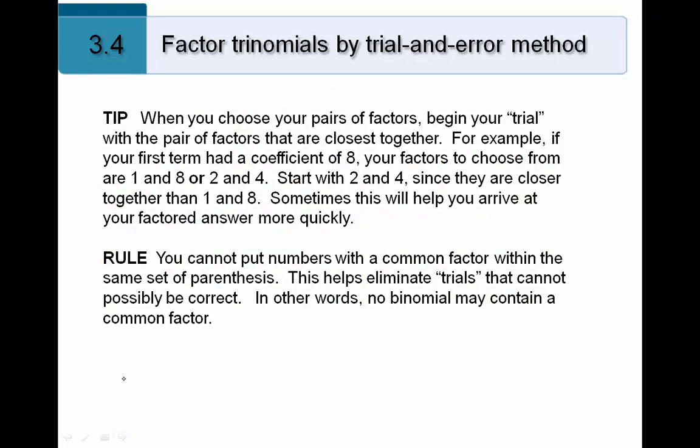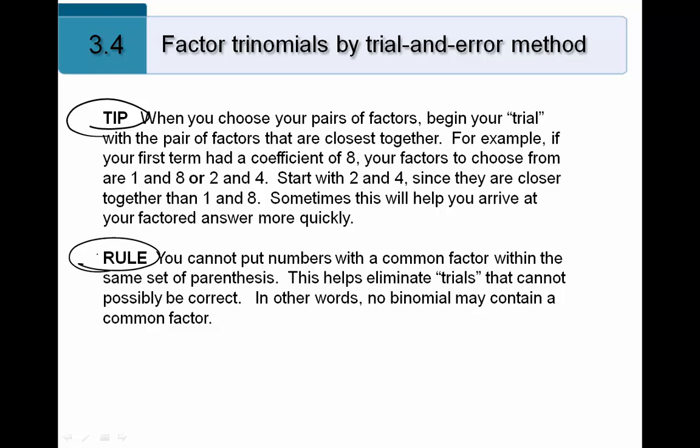Now, I will discuss this also. There's a tip and a rule that sometimes makes factoring using the trial and error method more efficient. When we choose our pairs of factors, we're going to begin our trial with the pair of factors that are closest together.